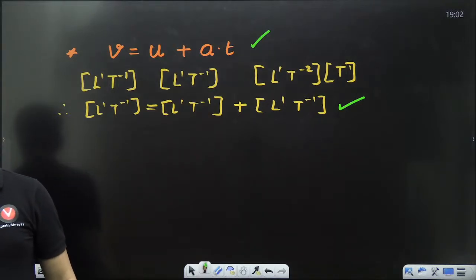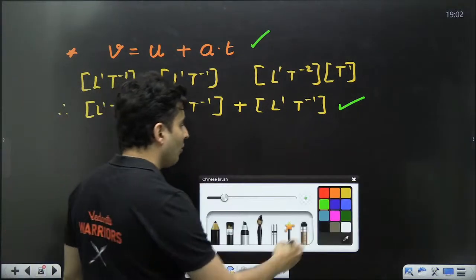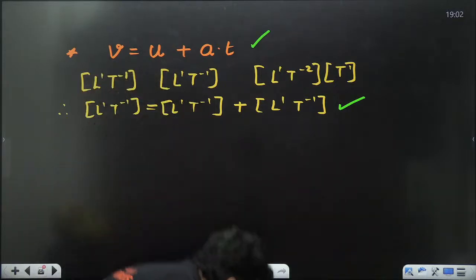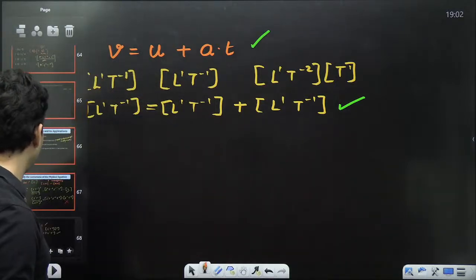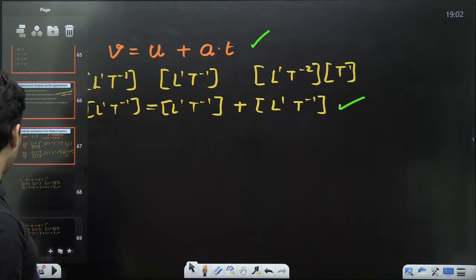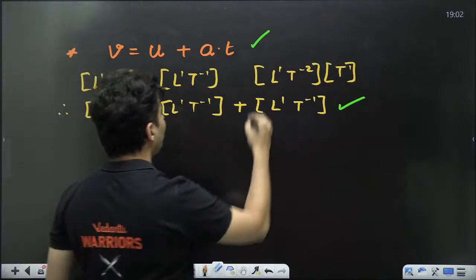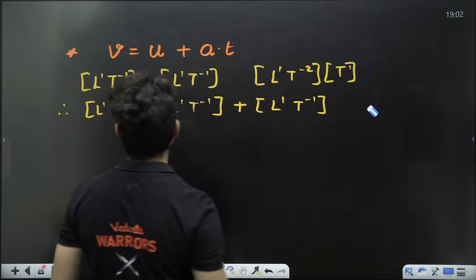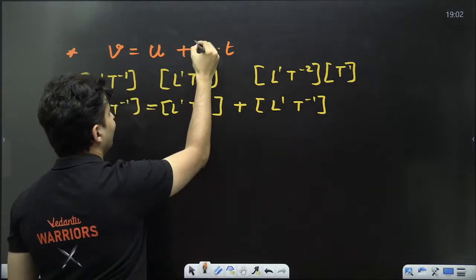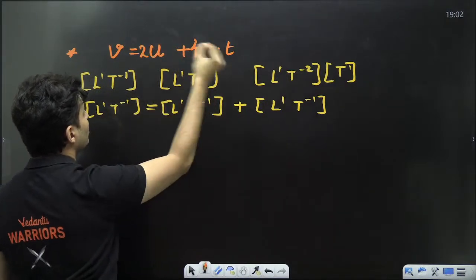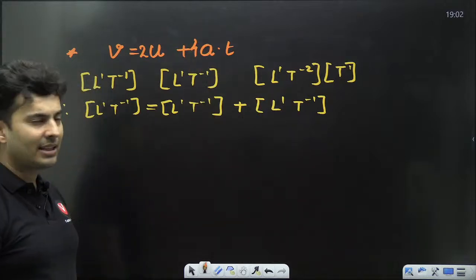Very, very good. But what if somebody says, let me just duplicate this, and somebody says, listen, V is U plus 480. V is 2U plus 480. Something like that.